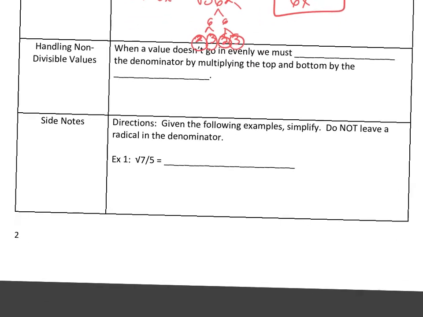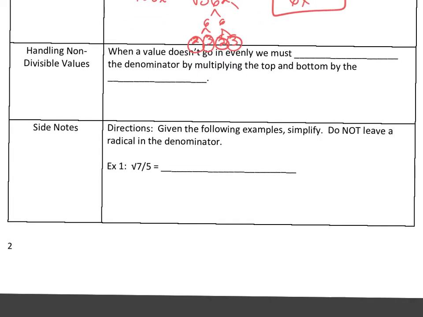So when a value doesn't go in evenly. We've had a lot of pretty ones, right, that have worked out, okay? And now, whenever it doesn't go in evenly, we have to do what is called simplifying, which we just learned. We must simplify the denominator, okay, by multiplying the top and the bottom by the radical.